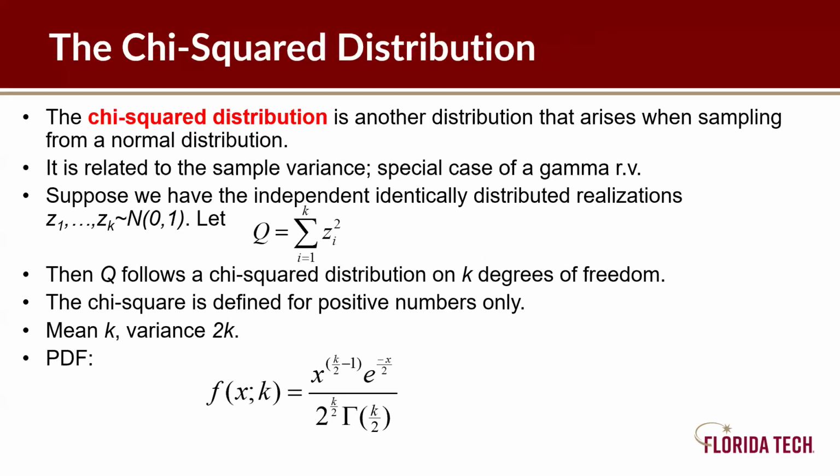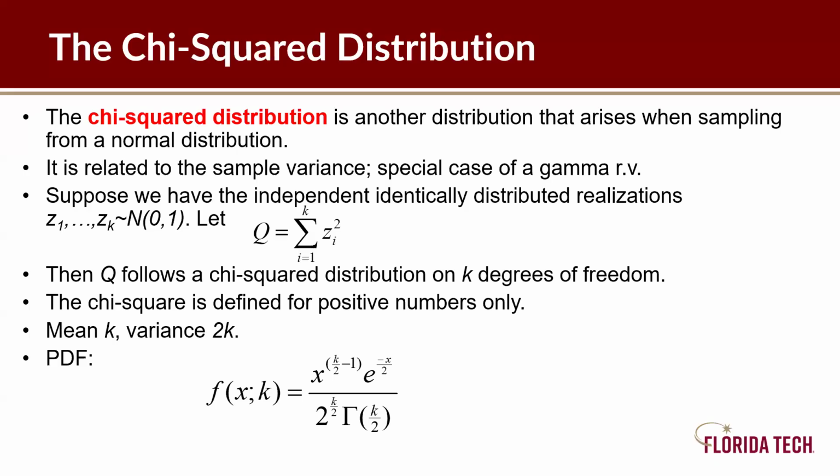A little bit about the chi-square. It's related to the sample variance, right? And it's just a special case of a gamma. We talked about gamma random variables in chapter 5, I think. This is just a special case of this. So if we have independent, identically distributed realizations from a standard normal, and we sum their squares, that's our chi-square.